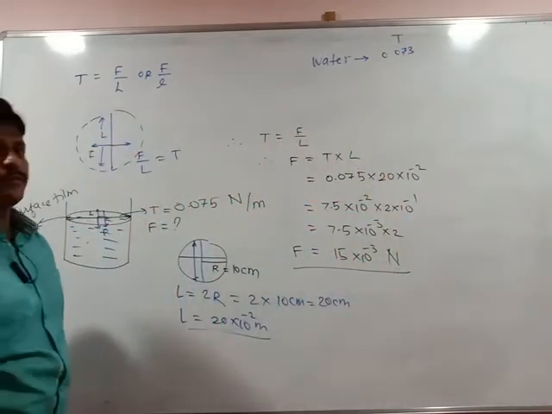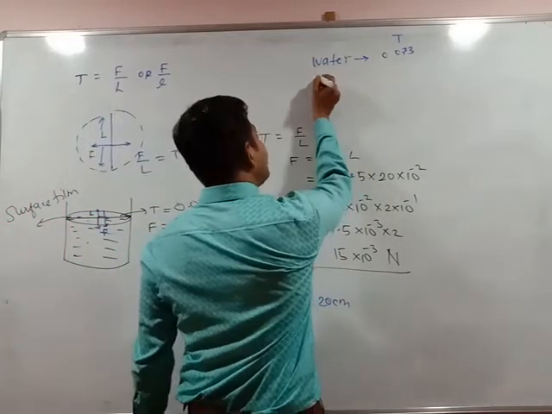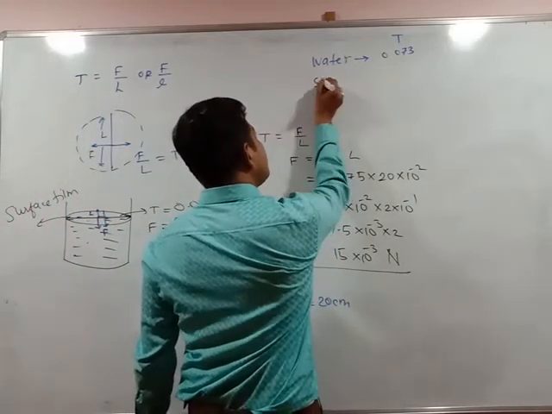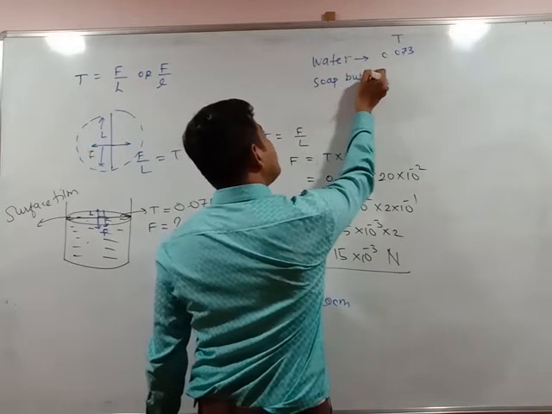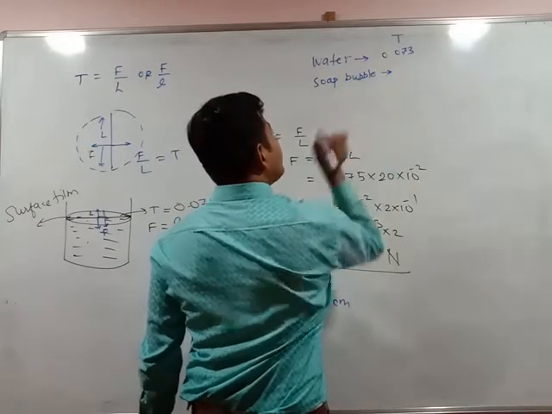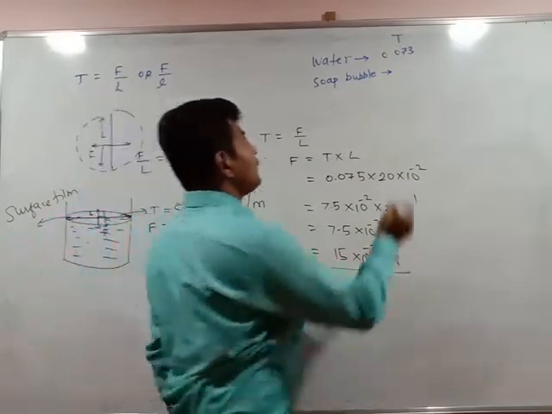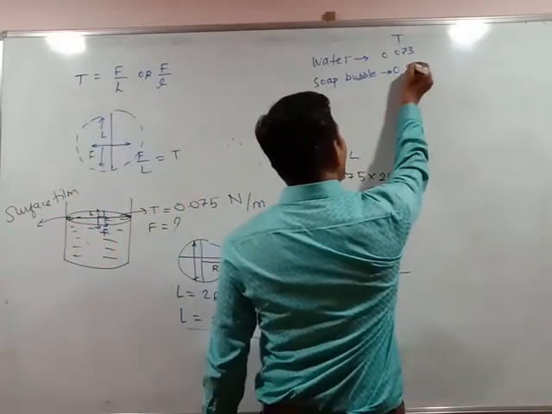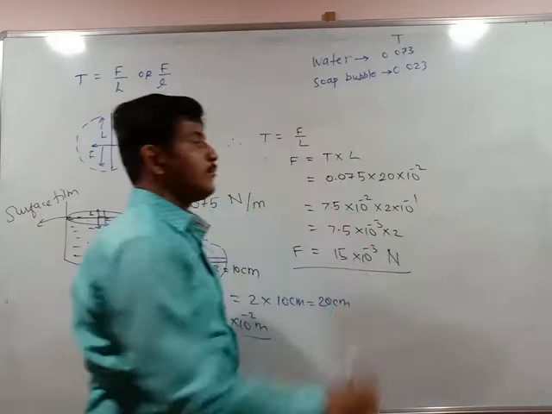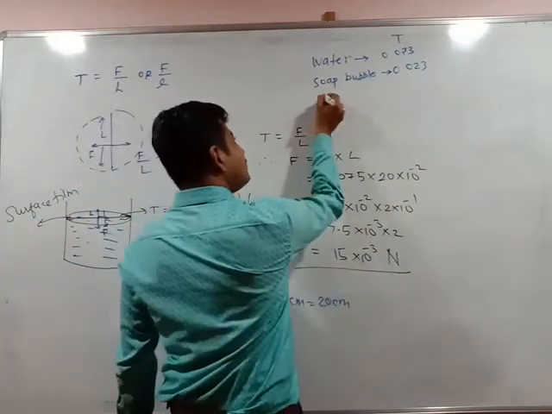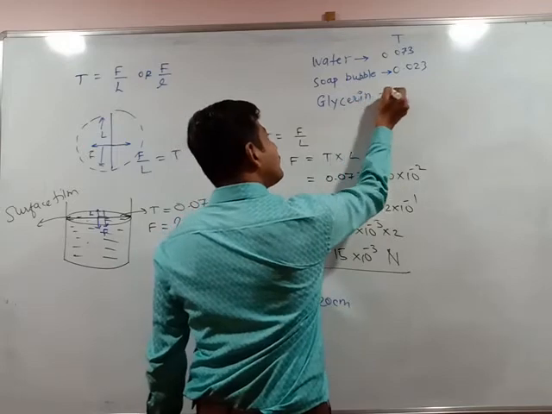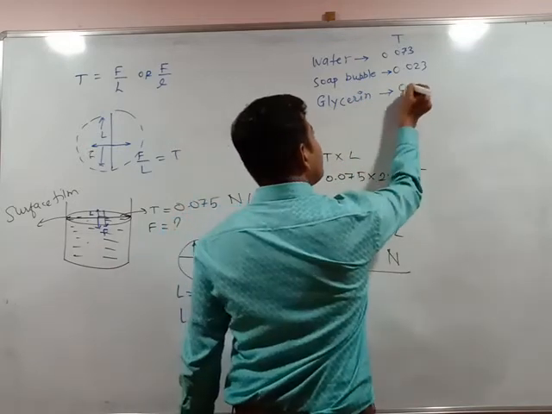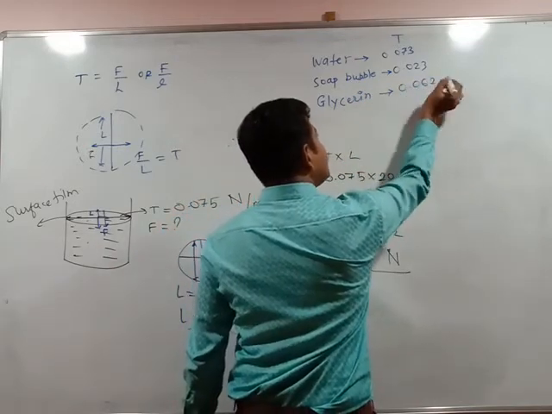If I consider a soap bubble, then its surface tension is said to be 0.023. If I consider the next solution, glycerine, whose surface tension is 0.062.